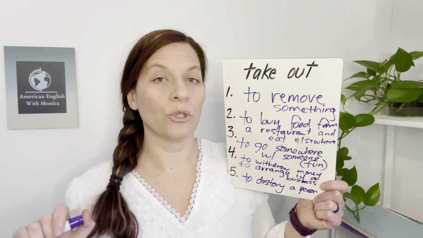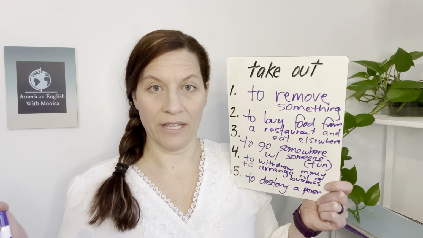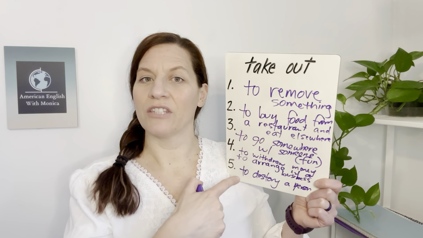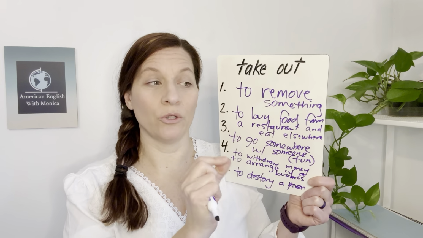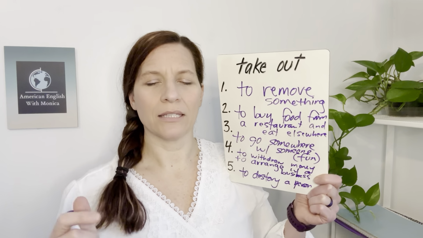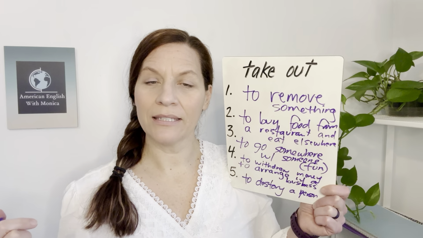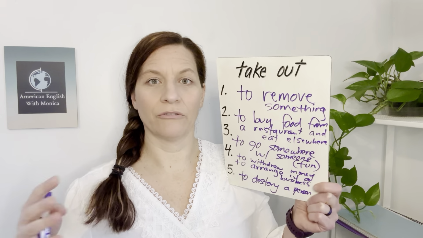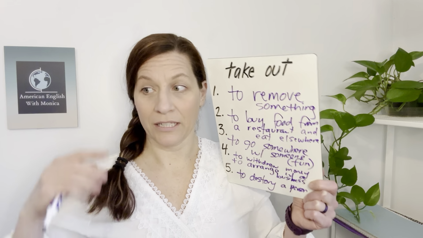But we also use this with injuries that aren't intentional, right? If someone is planning to kill someone, to murder someone, to take out someone, it's intentional. But sometimes accidents and injuries happen that take people out of their expected life.